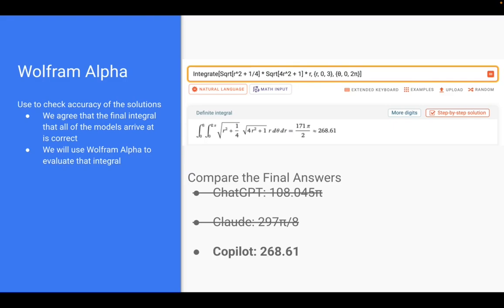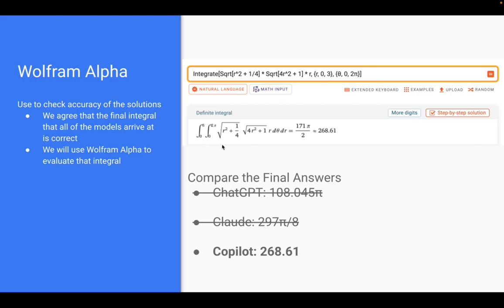So we're going to go back to Wolfram Alpha and have it evaluate the final integral to see if any of them actually have the correct value. We're going to use Wolfram Alpha to determine the accuracy of the three results that we have. One way you can put the integration expression into Wolfram Alpha is as so. You can put it in multiple other ways.